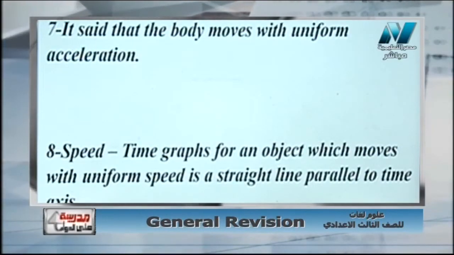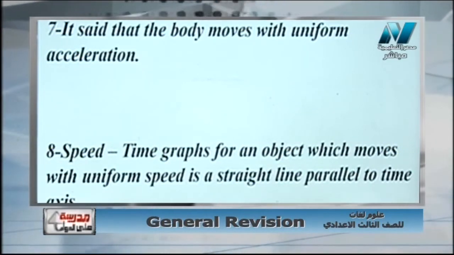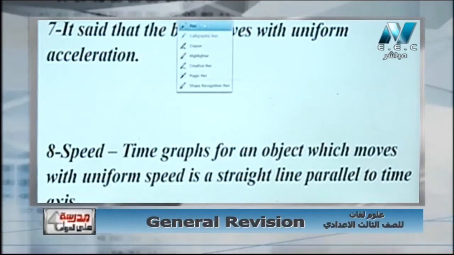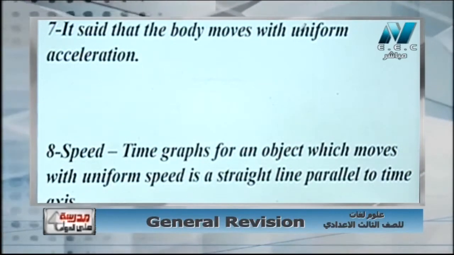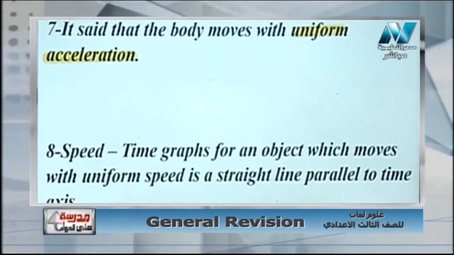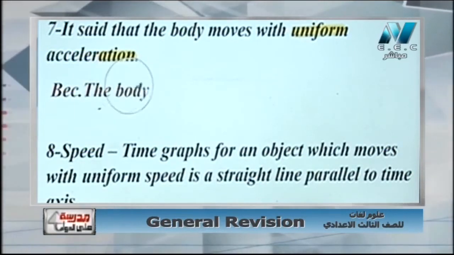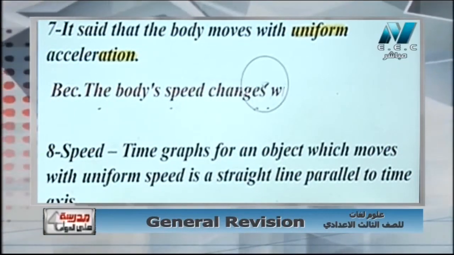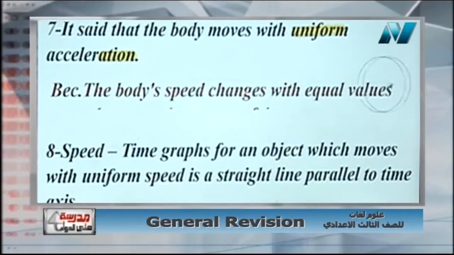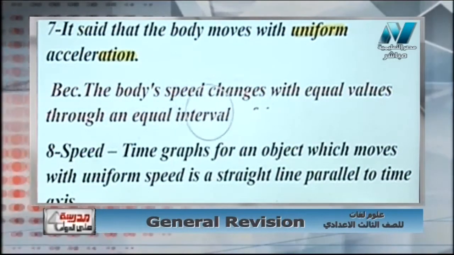Number seven, it is said that the body moves with uniform acceleration. So here we have to answer according to uniform acceleration. The answer is: because the body's speed changes by equal values through equal intervals of time.